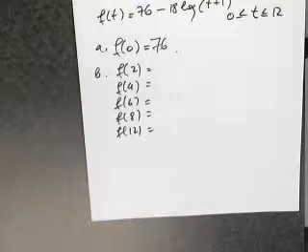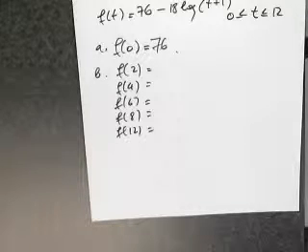So in y equals, clear, please. And we put in 76 minus, there was an 18 in there, 18 common log in parentheses t plus 1, which is x plus 1 in our calculators.